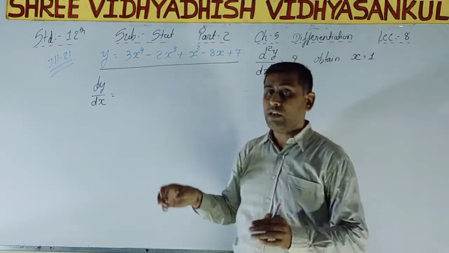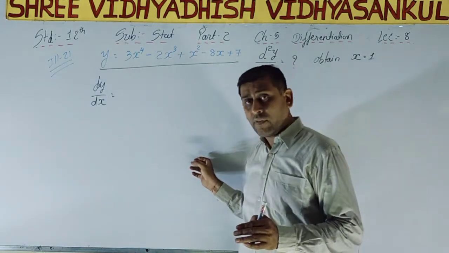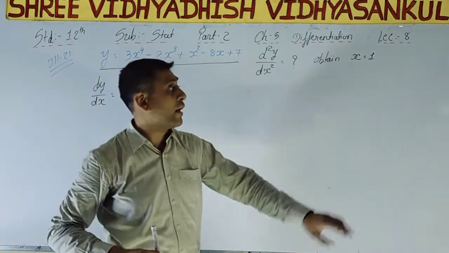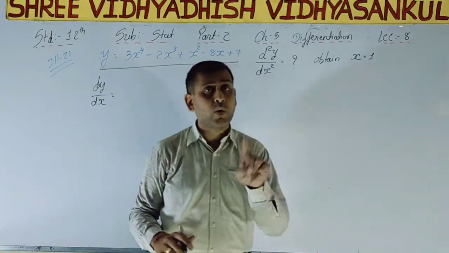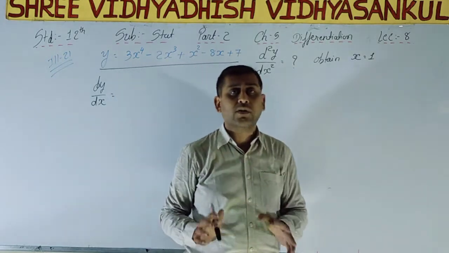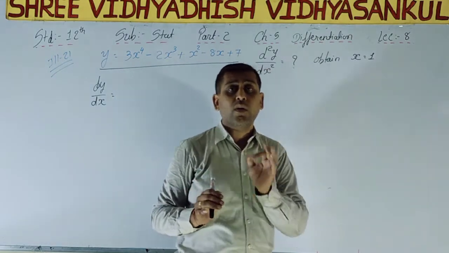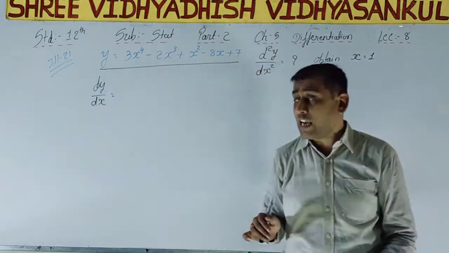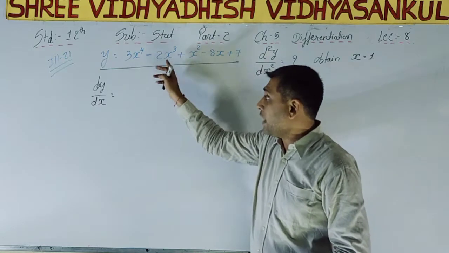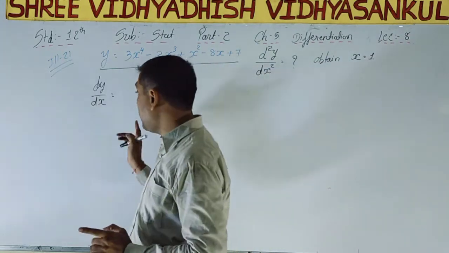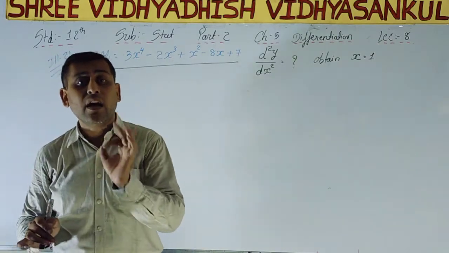So first is your second derivative. 1 mark for the second derivative and 1 mark for putting the value x is equal to 1 in the second derivative. So only a 2 mark sum is here. That's why we don't have to show all the steps, whatever we wrote in illustration number 7 and 8. That's why here I am writing the direct answer.